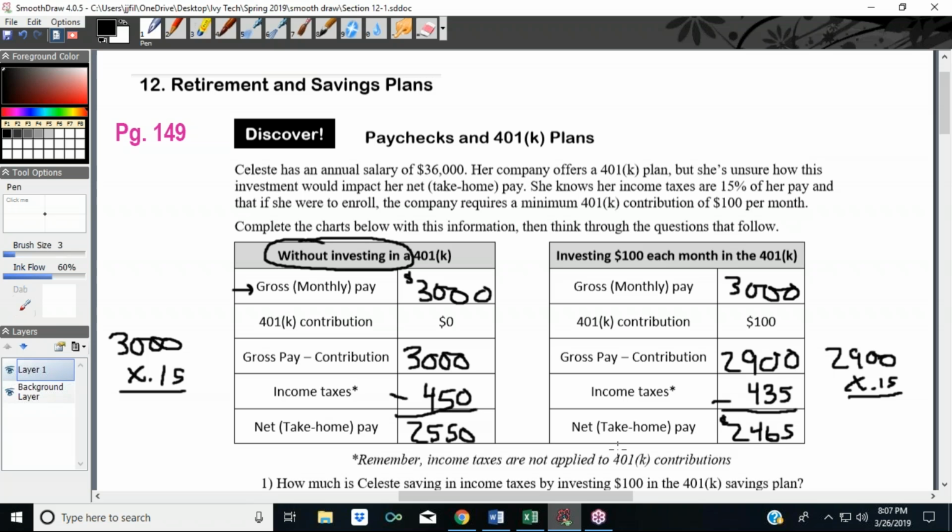Okay, so take a look at these two numbers, the 2,550 and the 2,465, and think about that. Now, she's contributing $100 to her 401k plan, but if you look at her take-home pay, it's not $100 less, is it?